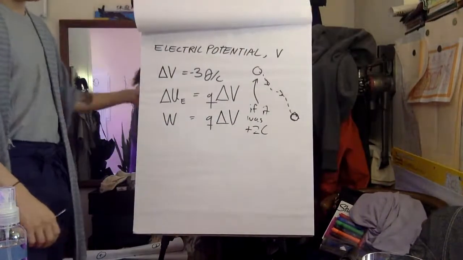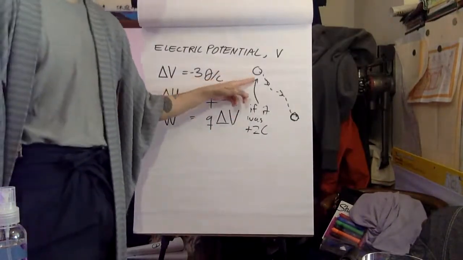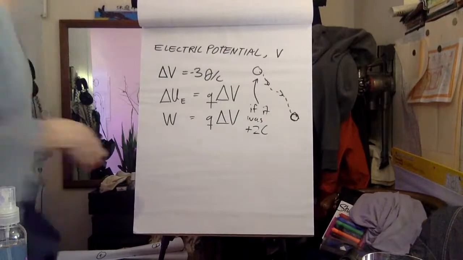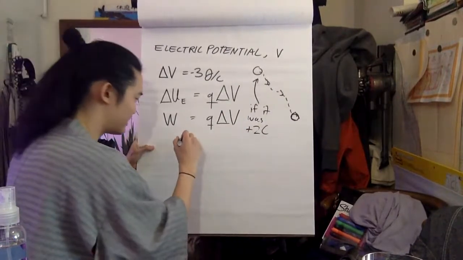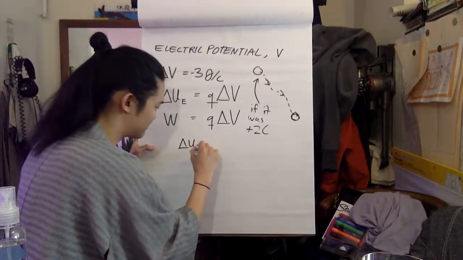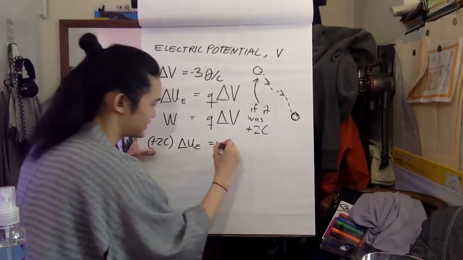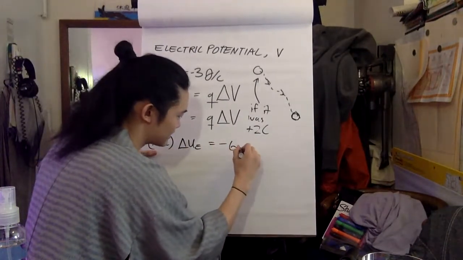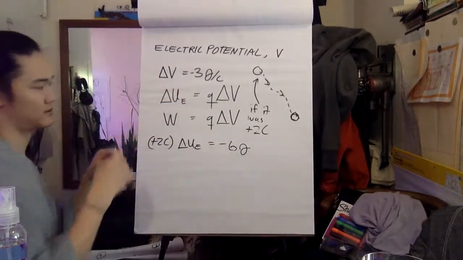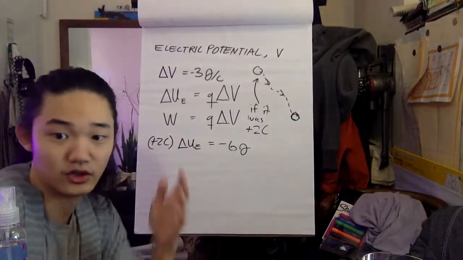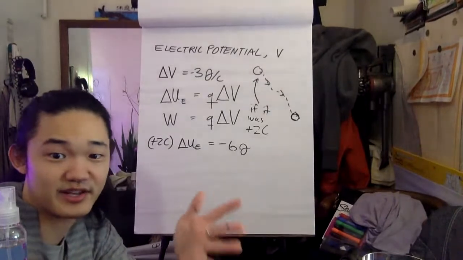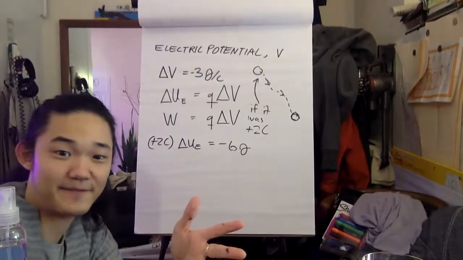So, if this charge was positive 2 coulombs, I would say, according to my formula, its change in electric potential energy was negative 6 joules, right? I would say it lost 6 joules of potential energy, okay?